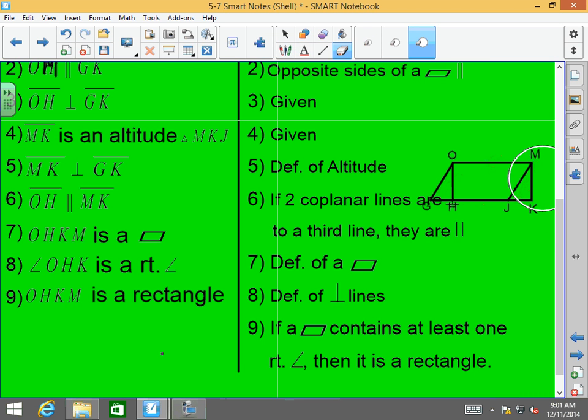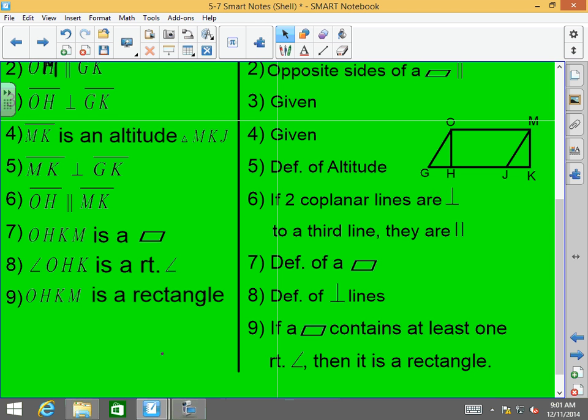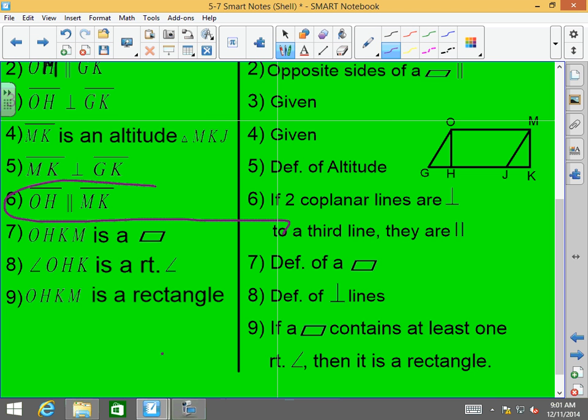Okay, I'm going to erase all of this. Thank you for your question and thank you for your honesty. He's wanting to know basically how I got this. We had proven already that OHG and MKJ were 90 degrees, correct? Does this not form an F lying down?